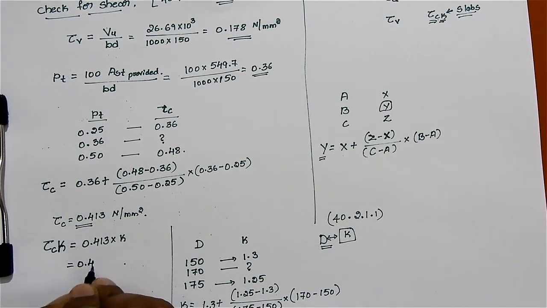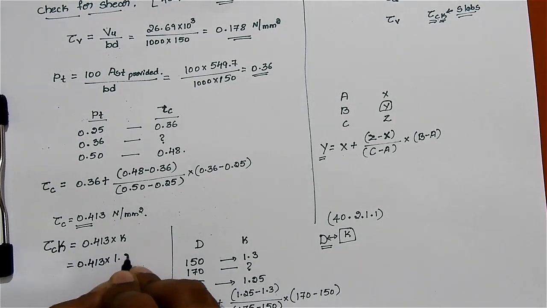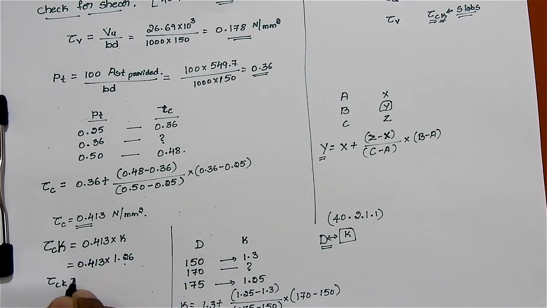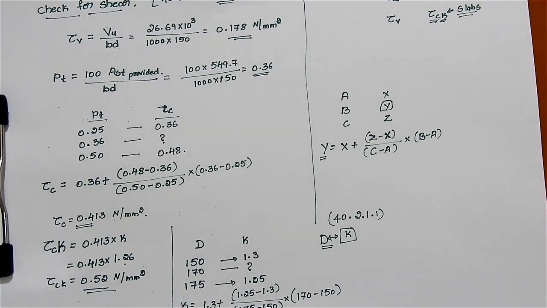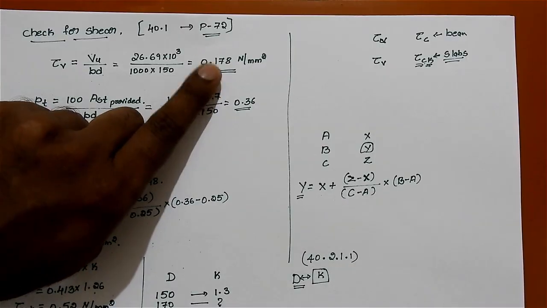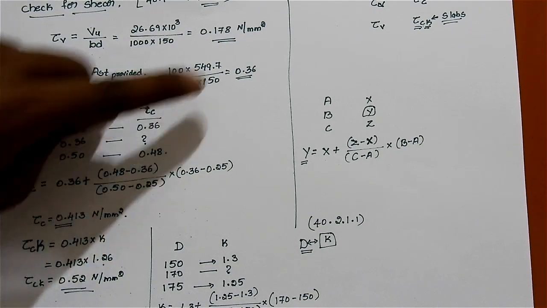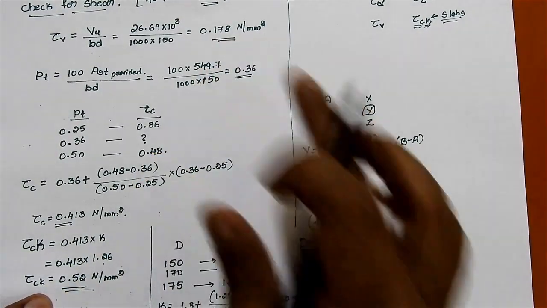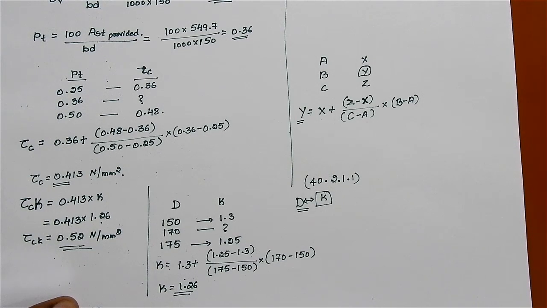Therefore substitute here 0.413 into 1.26. Tau c k we will get as 0.52 Newton per mm square. Next we need to compare tau c k with tau v. By comparing these two values, we got tau c k is greater than tau v.